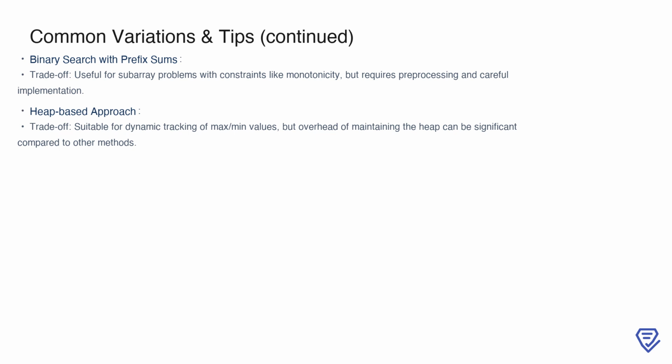However, maintaining a heap introduces additional overhead, making it less efficient compared to some other methods. Each of these techniques has its own trade-offs, and understanding when to use them is key to crafting efficient solutions. By mastering these strategies, you'll be better equipped to tackle a variety of subarray problems effectively.